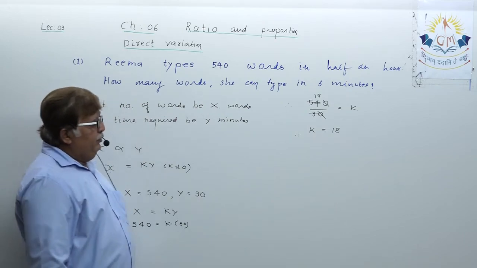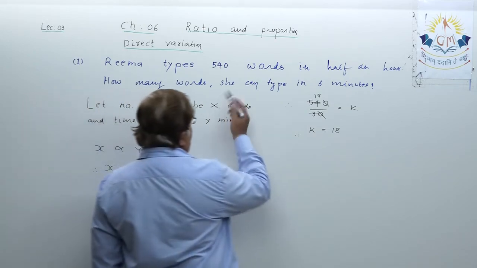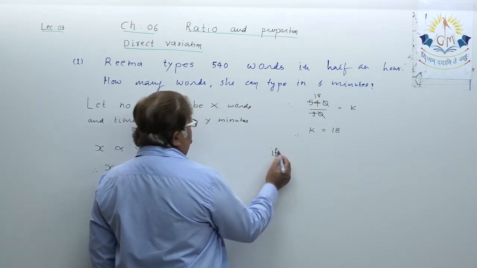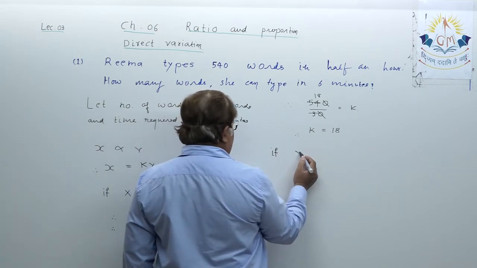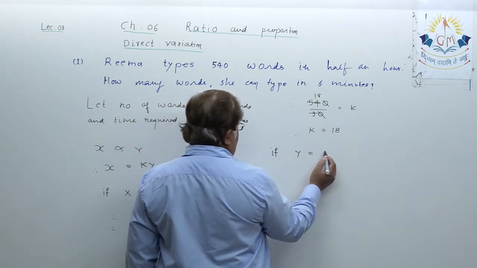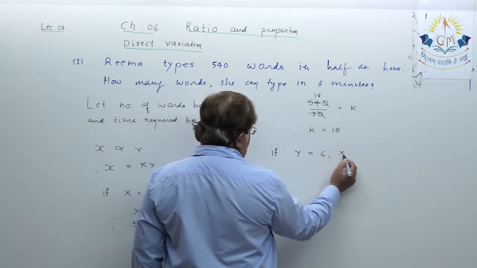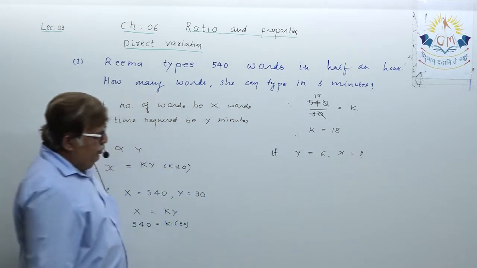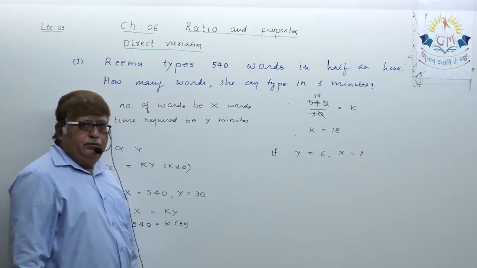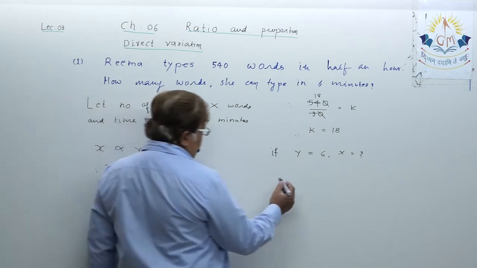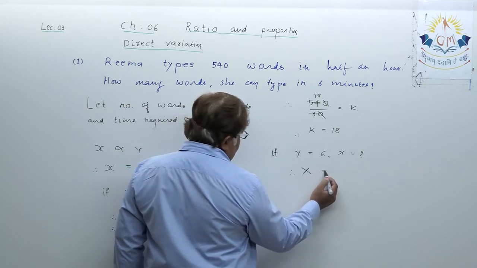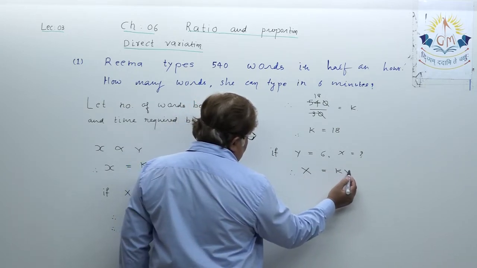The constant you got. And now, dear student, the next half: if time is given, so y equal to 6, x, that's the number of words we have to find. So can we write this way again? x equal to ky.